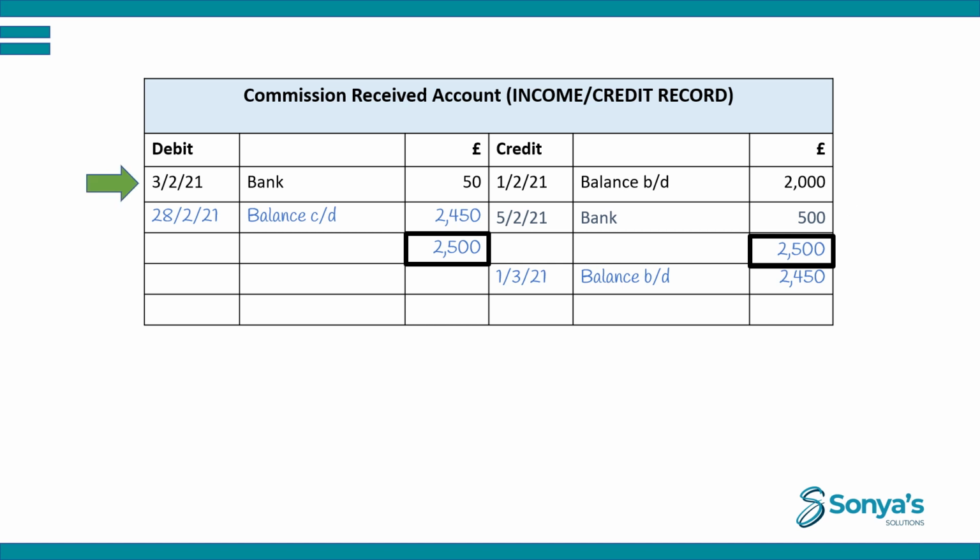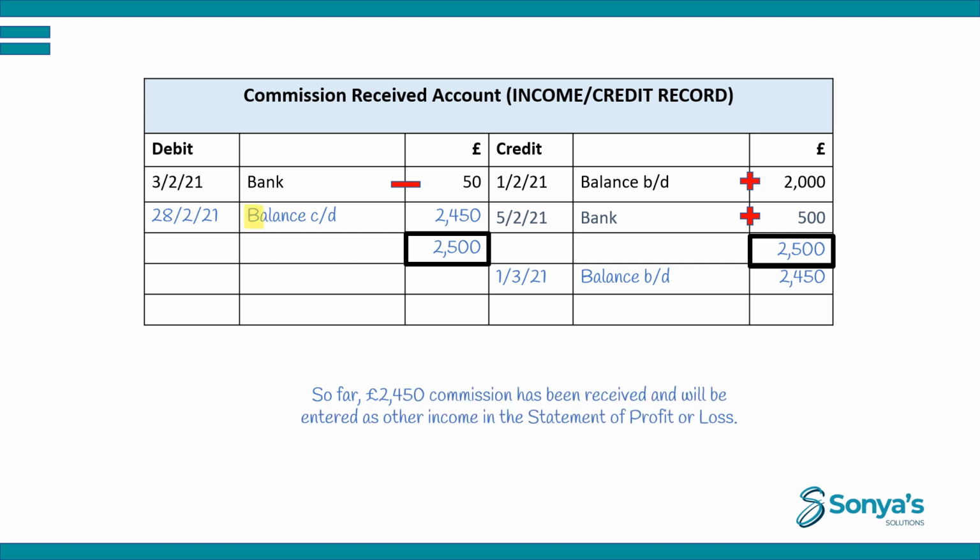For some reason, £50 has been removed from the account, so the total amount received can be calculated as £2,450. The closing balance is entered on the debit side of a credit record, so the opening balance can show correctly as a credit.